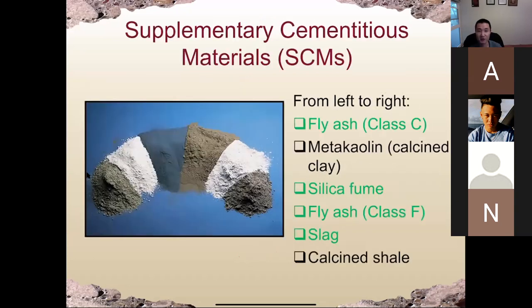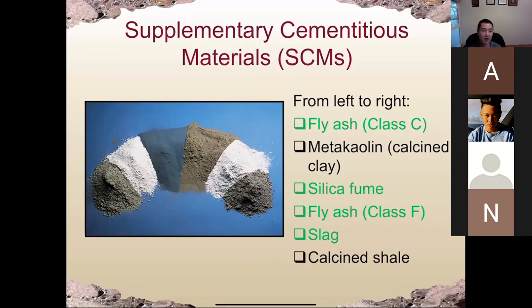Here are some of the major SCMs, supplementary cementitious materials. From left to right, we have class C fly ash and class F fly ash. The difference between them is the percentage of calcium oxide, CaO.